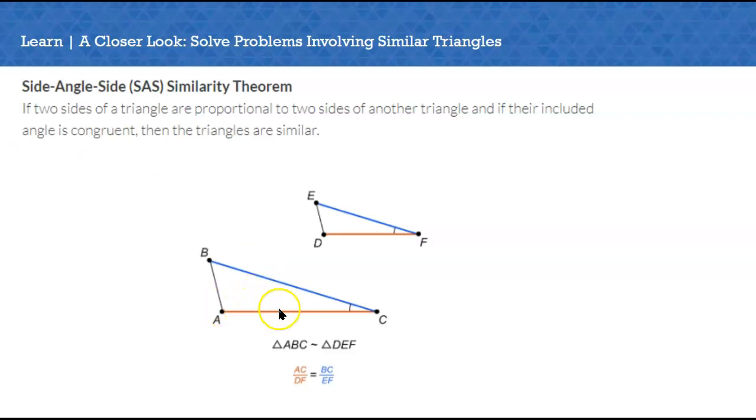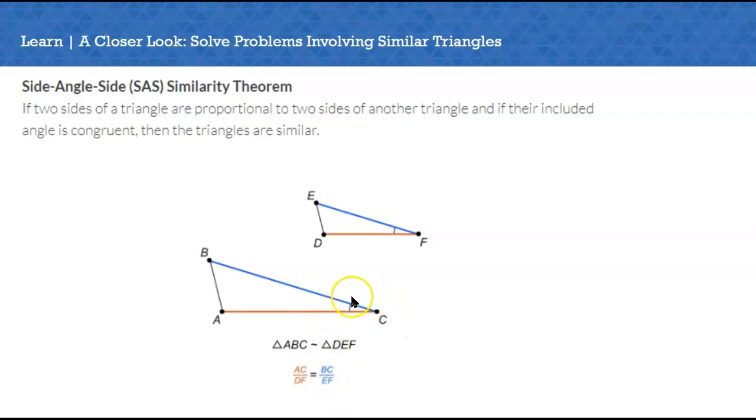So in other words, we're going to take our consecutive sides here, which would be AC and BC in this image's case, and DF and EF, and we're going to say that these two proportions equal each other. That would mean that if I divided AC by DF and I divided BC by EF, they both have to equal the same.